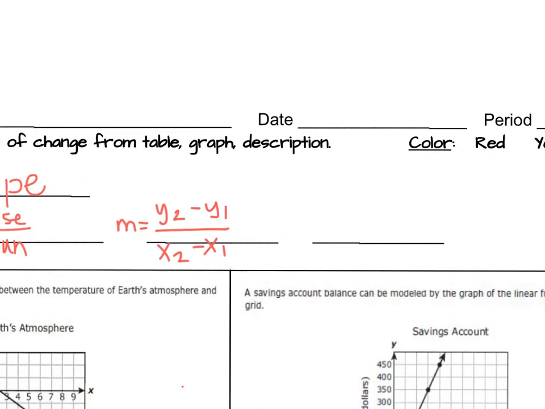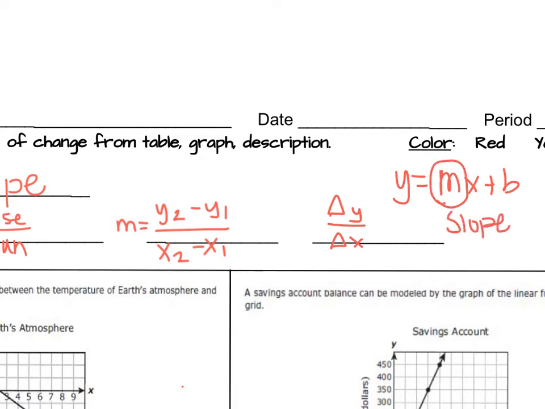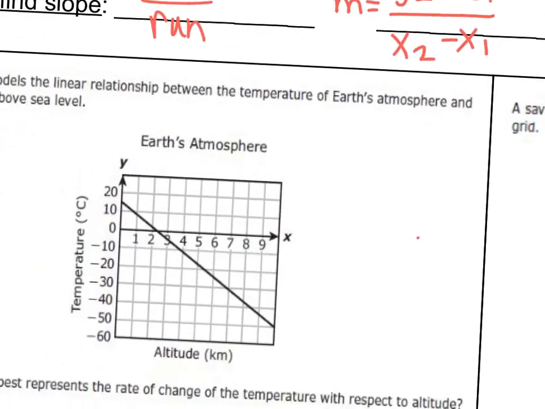And then another way that we know how to find slope, or one of the ways we've discussed, is the change in y divided by the change in x. And then of course we know our equation is y equals mx plus b, where m is slope. So that's what we need to know to solve these problems.